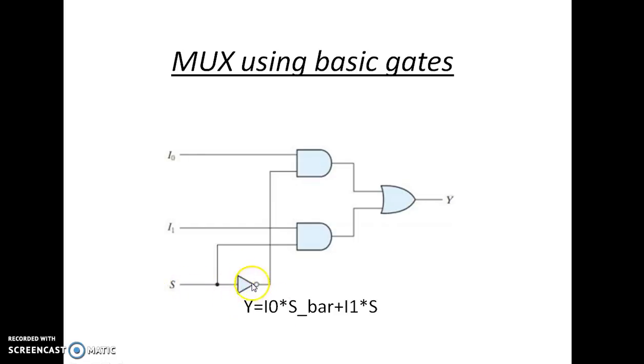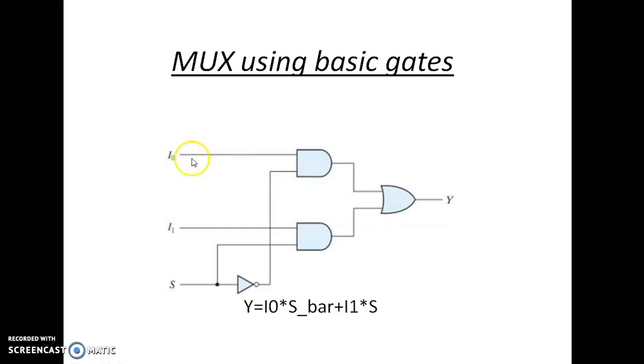S is connected to a NOT gate and the output of the NOT gate is represented by S bar and the input is represented by S. And the equation can be written as I0 ANDed with S bar, I1 ANDed with S, and when both are ORed, we will get the output Y. Here, this is the S bar.